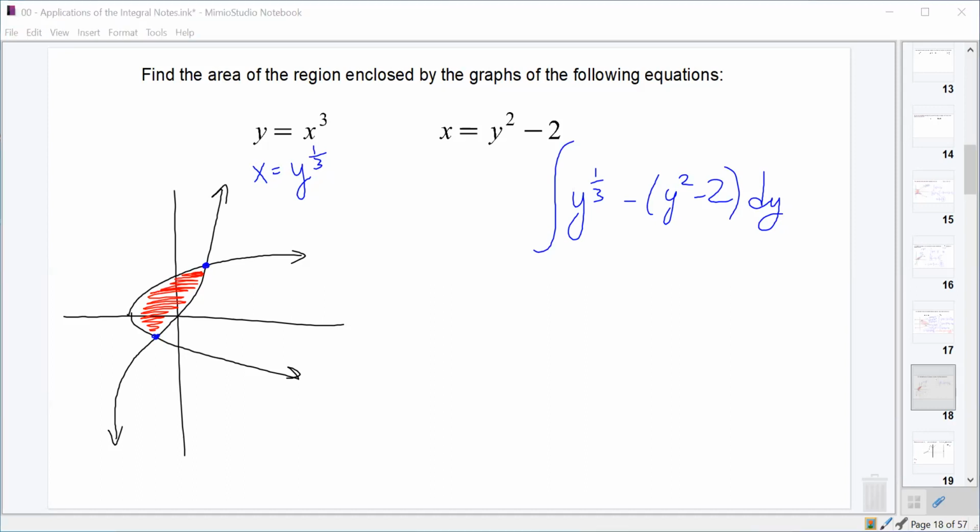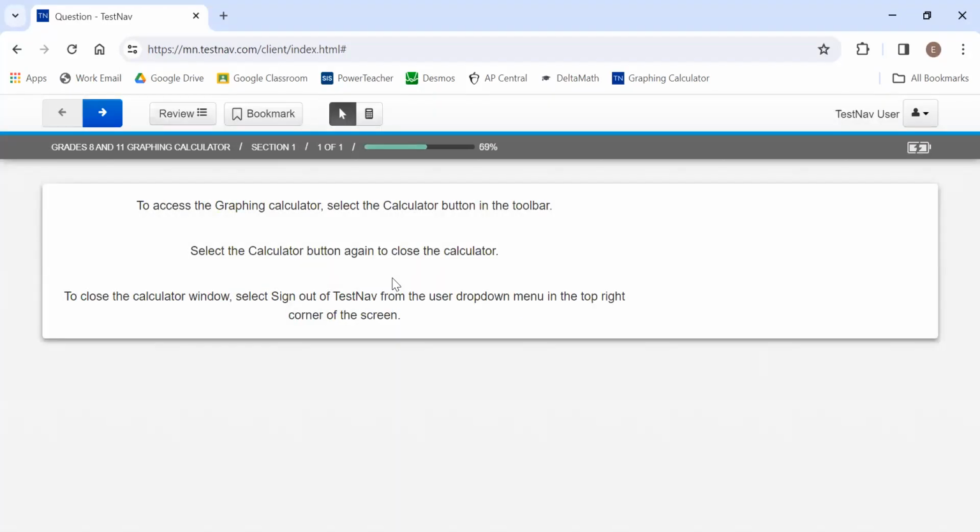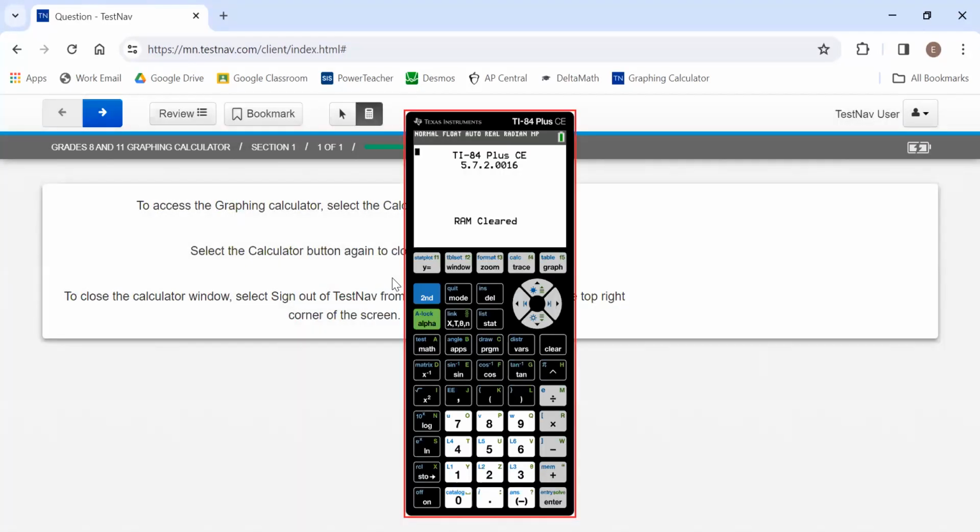So let's open up our graphing calculator. And we'll start by graphing. We can't plug things in terms of y, so we'll just say x to the 1/3 power for the first function.